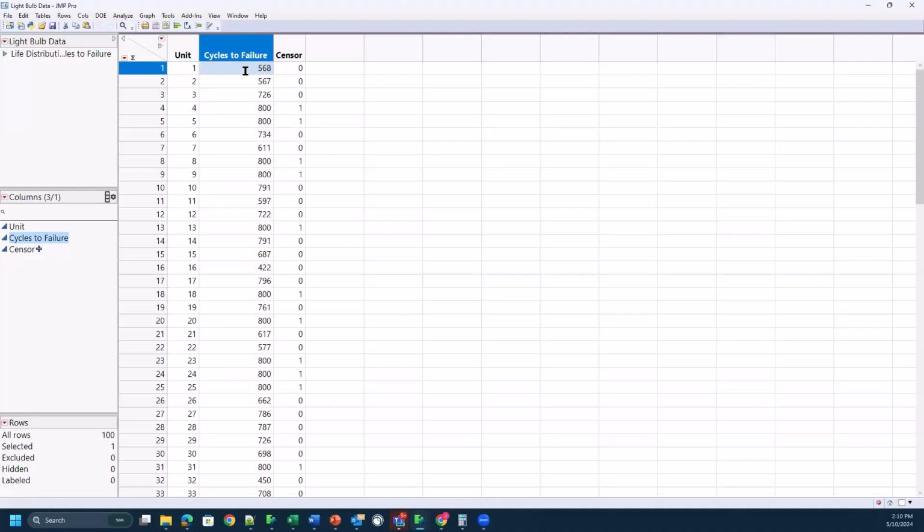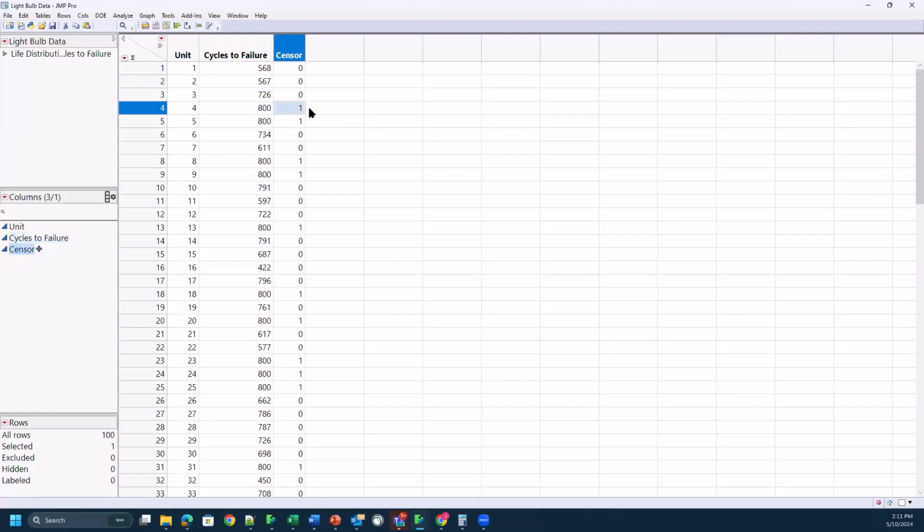So unit 1 failed after 568 cycles. Unit 2 failed after 567. 3 after 726. 4 made it to 800 cycles, and that's where we're ending the test. So I guess we're doing one of these cycles per hour, kind of a strange test.